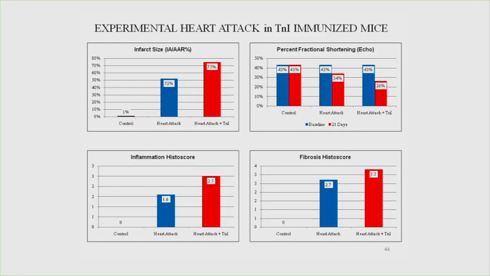Those mice that had the same experimental heart attack, but they were sensitized to troponin I, had larger heart attacks. They had lower ejection fractions, more inflammation, more fibrosis. We'll get to this more a little bit later. Much of the damage that occurs in a heart attack is not due to interruption of blood flow.